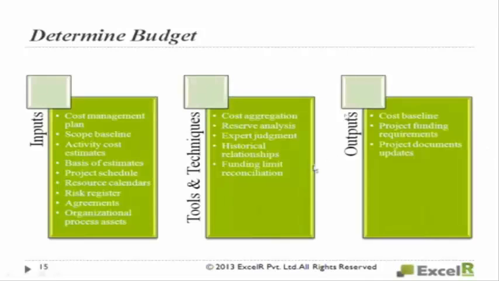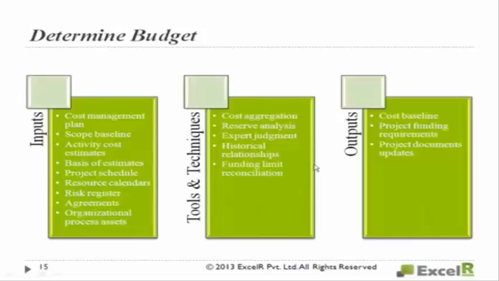So what do you require to determine the budget? You need the cost management plan. And you need the scope baseline, because it contains the project scope statement, WBS and WBS dictionary. If you can recall, constraints is one of the ingredients: product scope description, deliverables, assumptions, constraints.